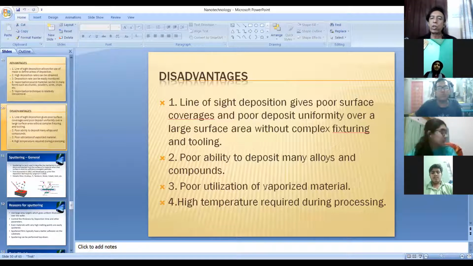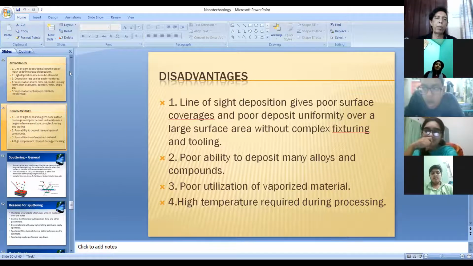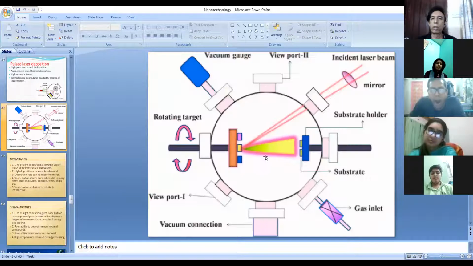Poor utilization of vaporized material. The vaporized material can go to different places. I have shown you it going from here to here, but it can go here, here, and here.